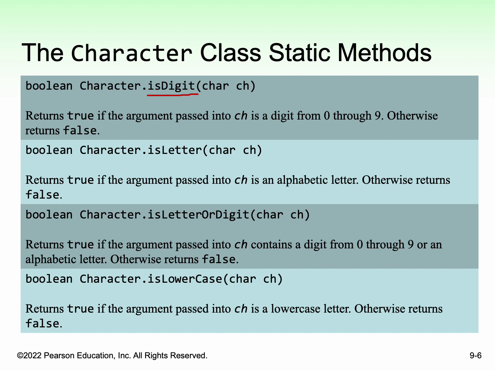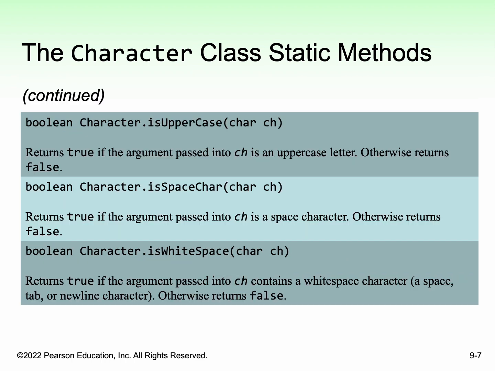Now, isLetterOrDigit combines the two, isDigit and isLetter, so if it's either an alphabetic letter or a digit from 0 to 9, it will return true, otherwise it will return false.